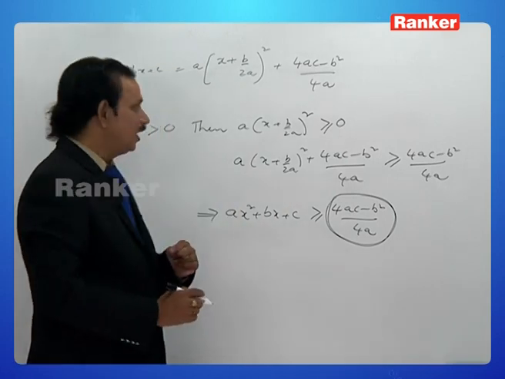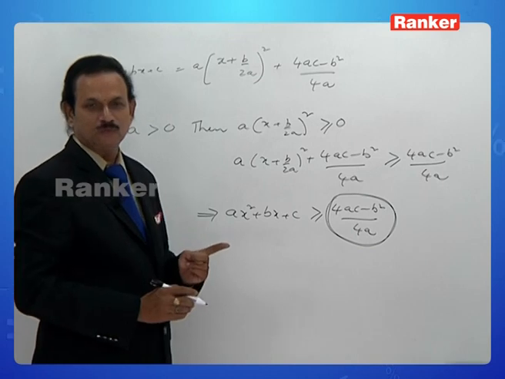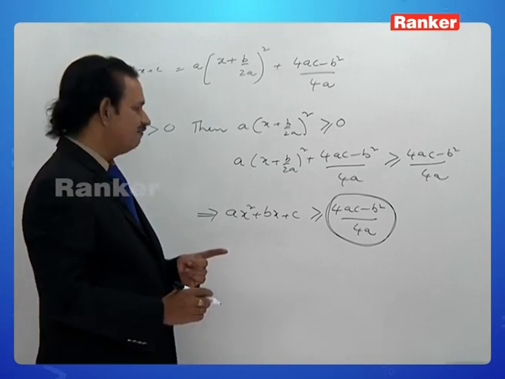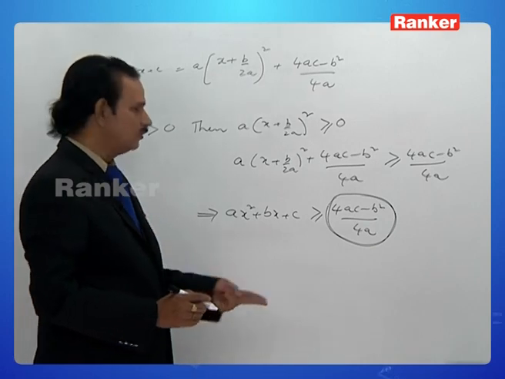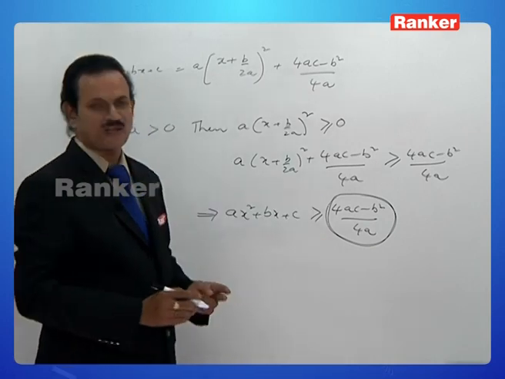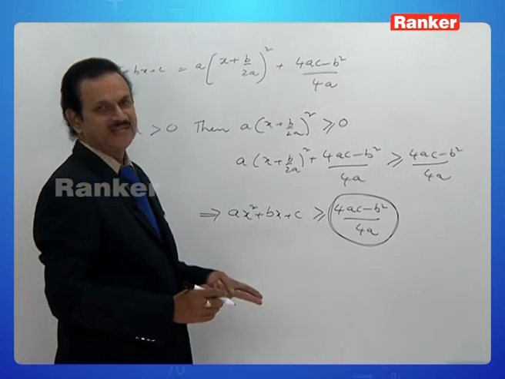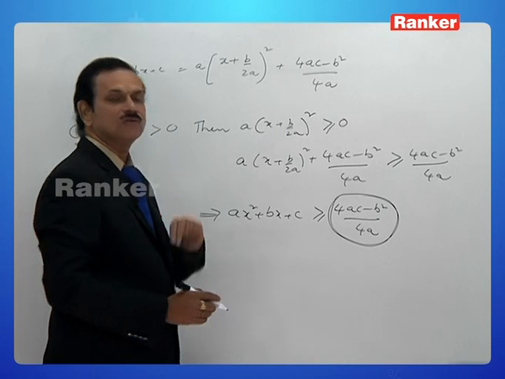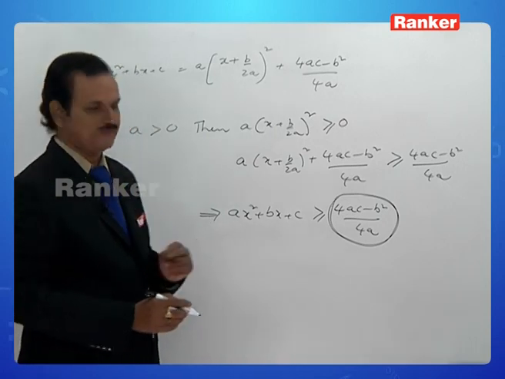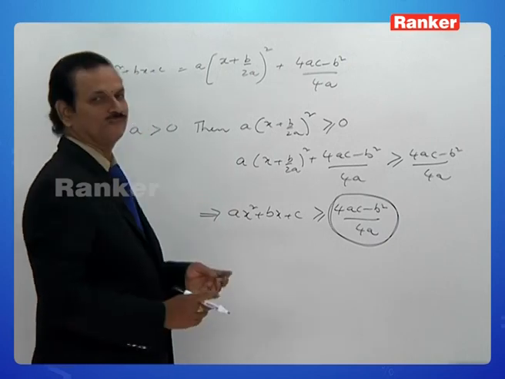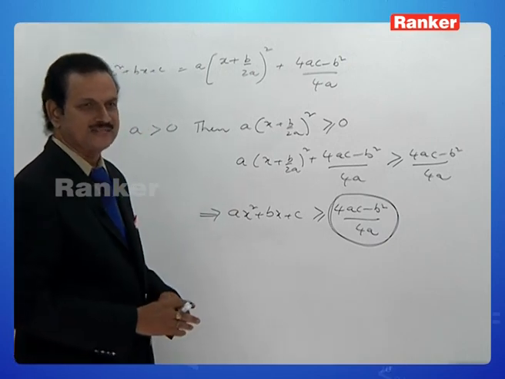Number one, when a is greater than 0, the expression ax square plus bx plus c will have the minimum value, that is (4ac minus b square) by 4a. Secondly, that minimum value will be attained at x is equal to minus b by 2a. This is a beautiful observation. This is the result of case 1, that is when a is greater than 0.